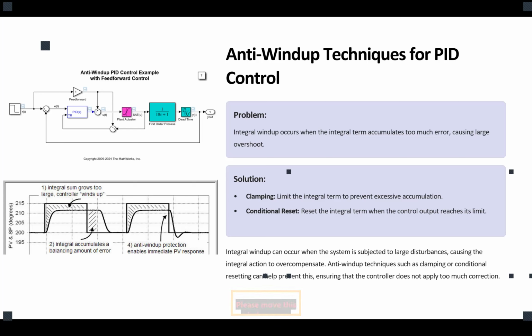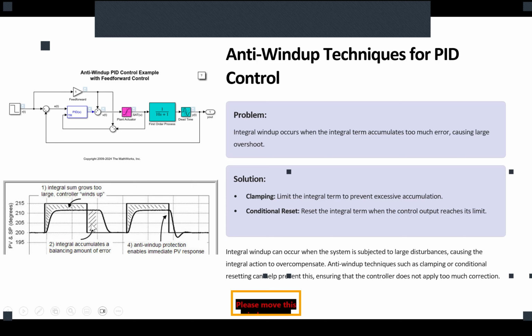We need to reset basically our integral once in a while. You could see how it acts. If you don't use the anti-wind-up, you could see that there is a lot of accumulating error on top of each other, they added to each other.